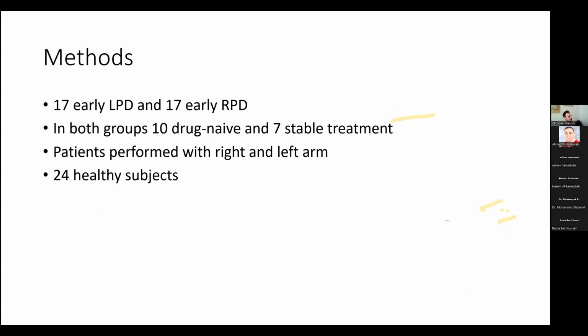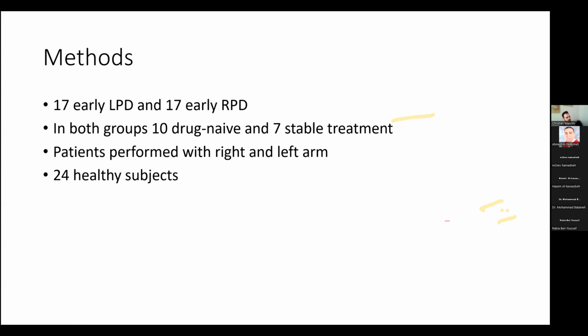So we collected data from 17 early left and 17 early right Parkinson patients, and in both groups 10 were drug naive, so they were just diagnosed with Parkinson's, and they did not start any kind of medication. So we just had the luck to test them before they started any kind of medication.